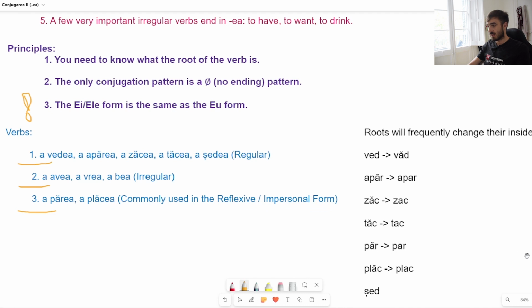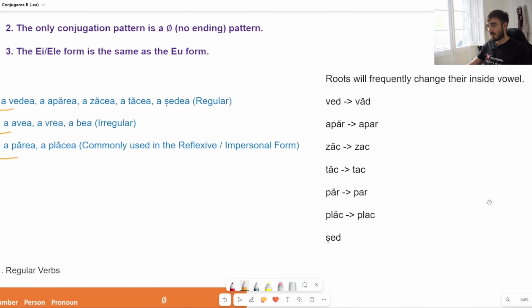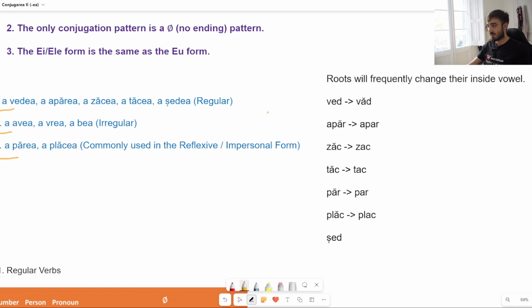Finally here, the roots are very straightforward. So taking all the verbs from here on the left and conjugate them on the right, removing the ending on the right. You have a vedea, which would seem normal to be ved, apărea, which would seem normal to be apăr, and so on.